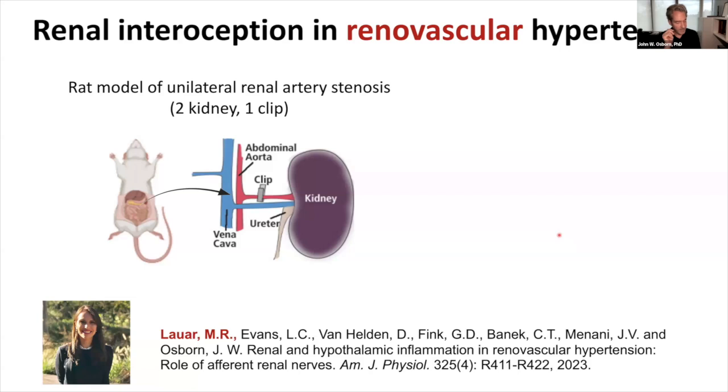So with the few minutes I have left here, I'm going to go through some examples of how these afferents are regulating things we haven't typically thought about, but we're learning that they do. So Mariana is a research scientist in the group that works with this model of hypertension where you create a stenosis on the renal artery of one kidney, it reduces the flow by about 50%, and you recover the animals, and they develop high blood pressure.